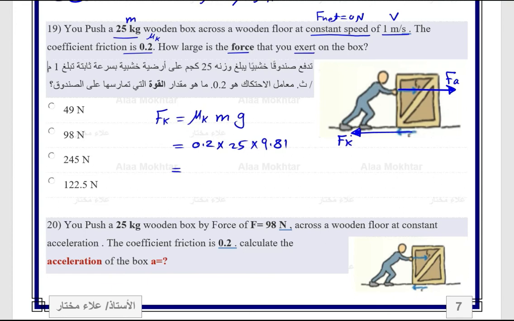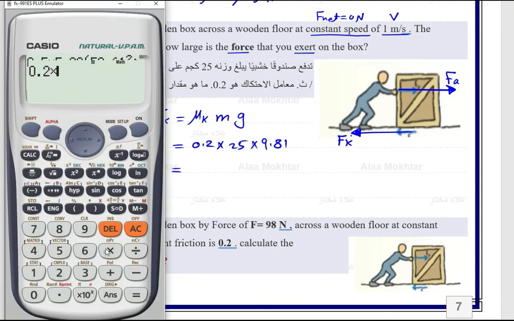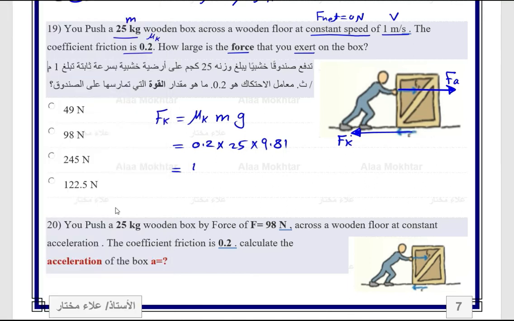The answer is 0.2 times 25 times 9.81, which is 49 Newton. So I must push at 49 Newton. Why? Because Fa is equal to Fk, which is 49 Newton.